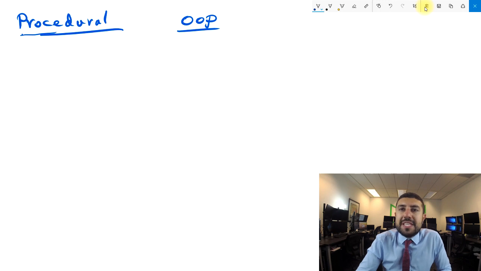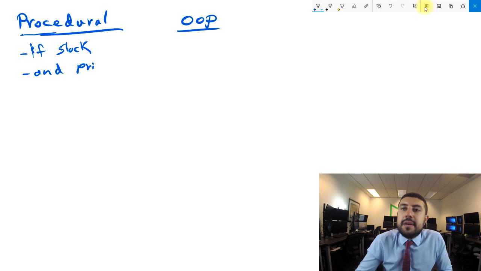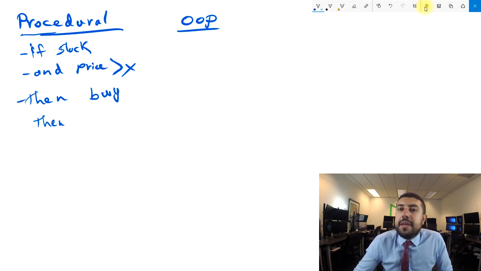So procedural programming is basically something like this. If the stock is doing that and the price is above X, then buy whatever, then if you get a fill, send another order, and then it's just lines of code.